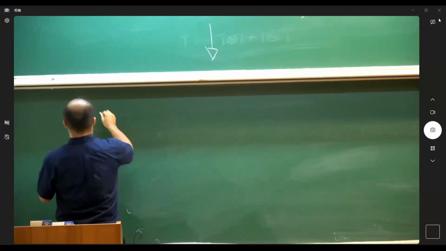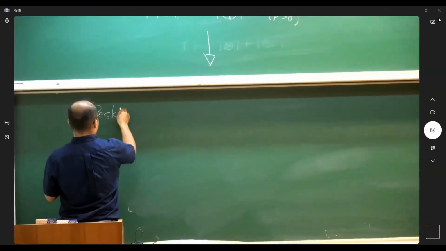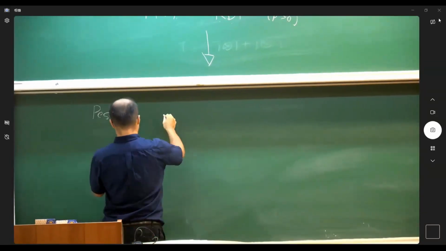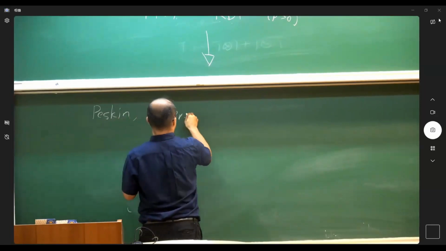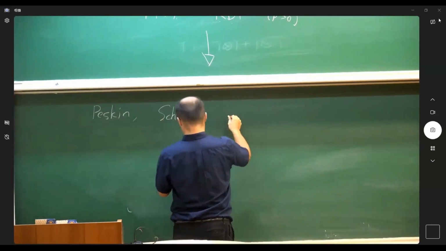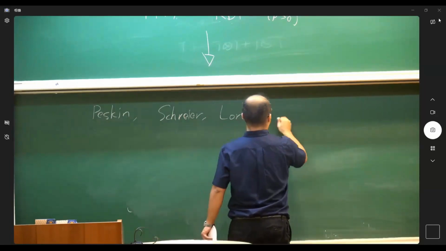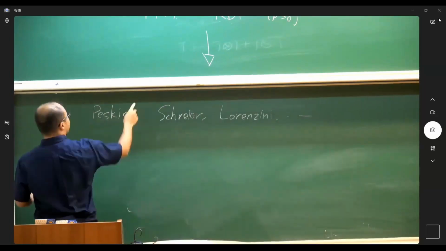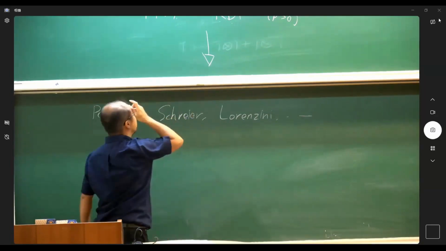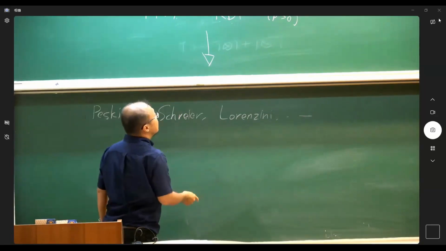So later, Peskin and more recently Schreier and Lorenzini and many others studied these quotient singularities, mainly Z over p quotient singularities.